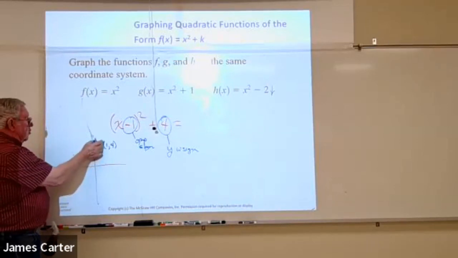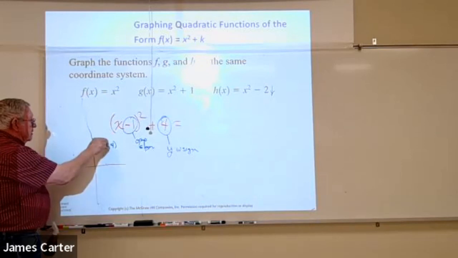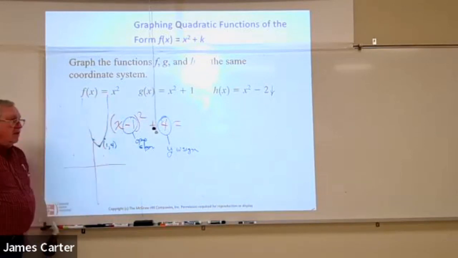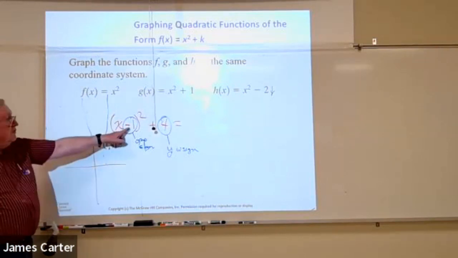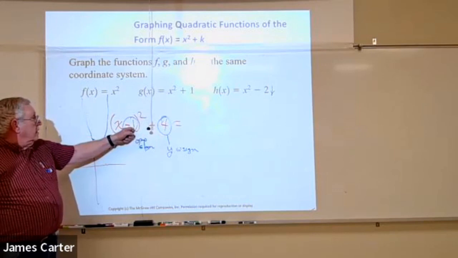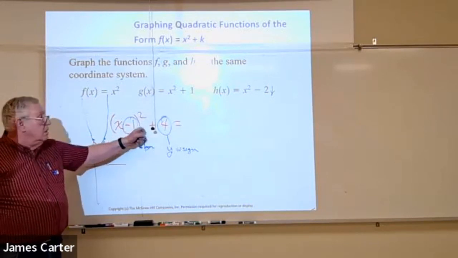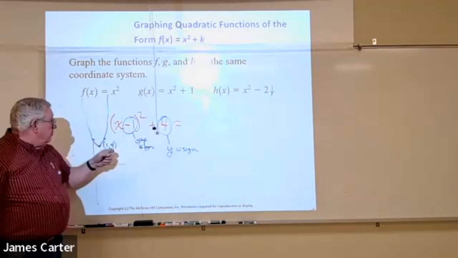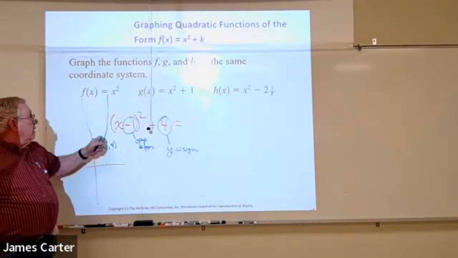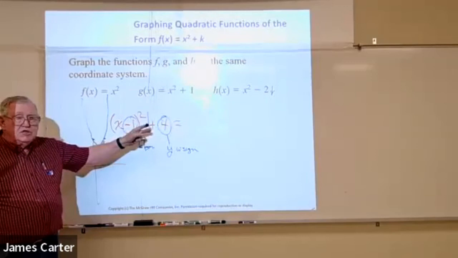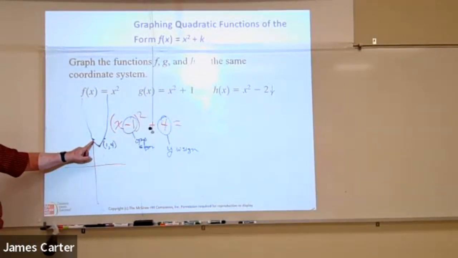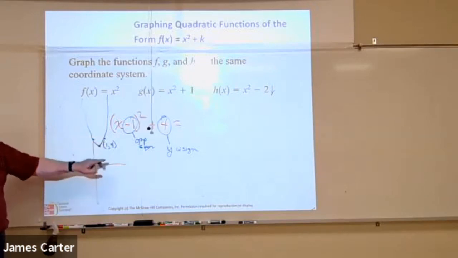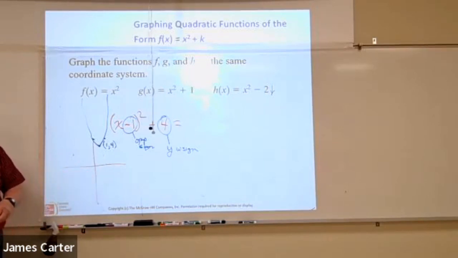And if that's a distance of 1 there, then there better be a distance of 1 there, and like that. So if you've got this format, this opposite of sign gives you the vertex. Let x be 0 and figure out what you got. It'll give you the y-intercept. And guess what? This one's going to have imaginary x values because it never touches the x-axis.